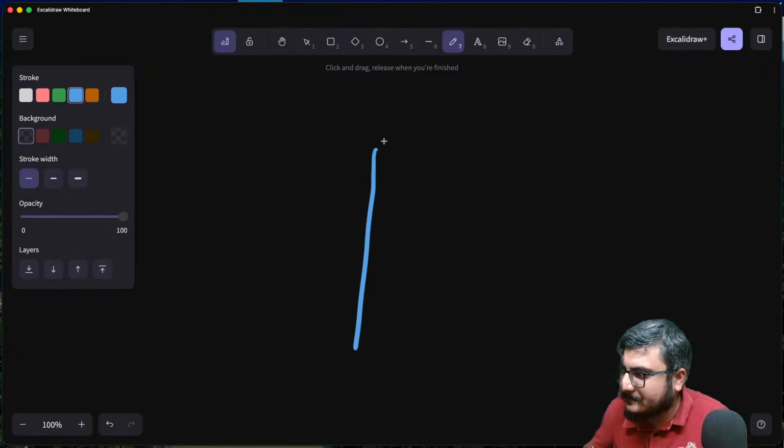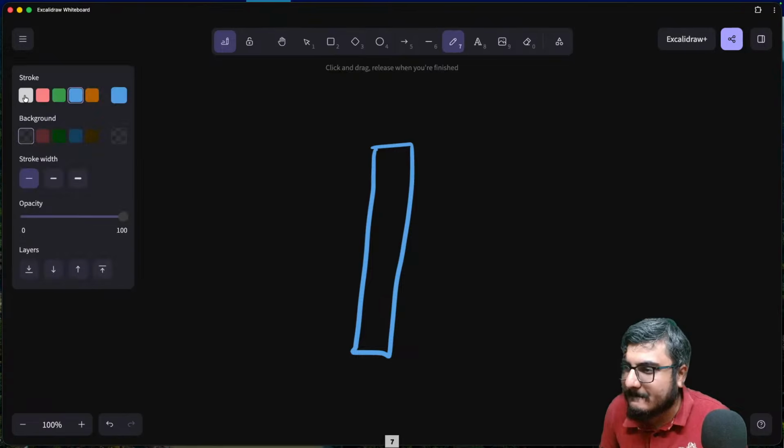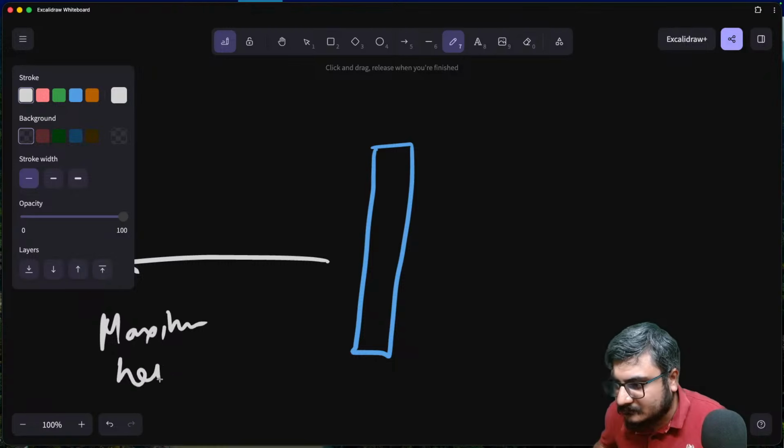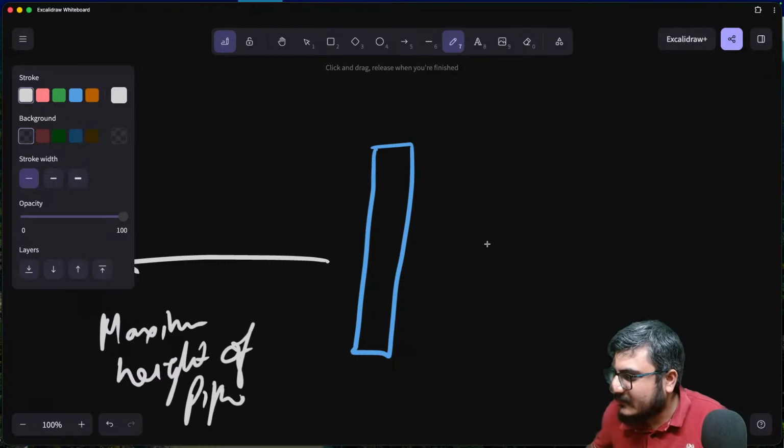For each pipe, let's look at all the pipes on the right side and find the maximum height of pipe. And look at all the pipes on the left side and find the maximum height.